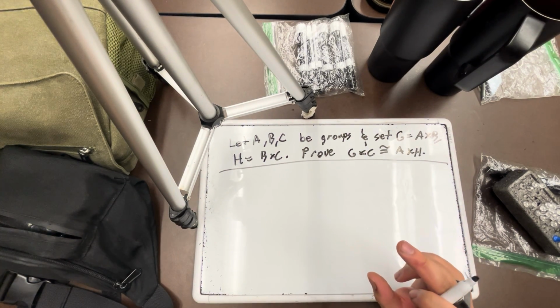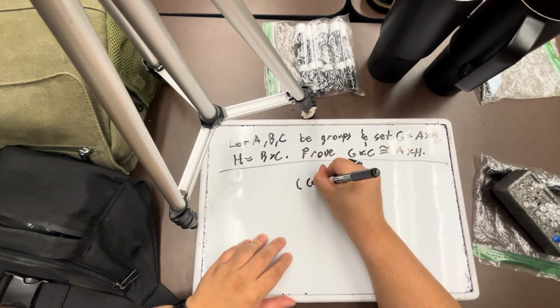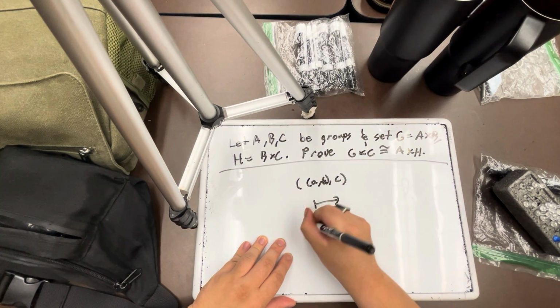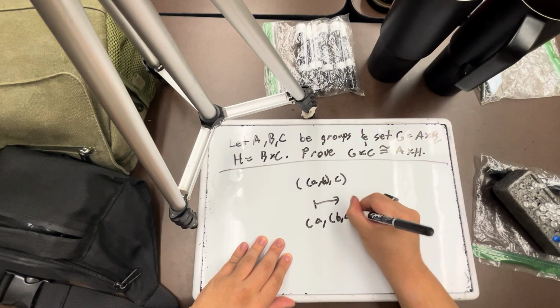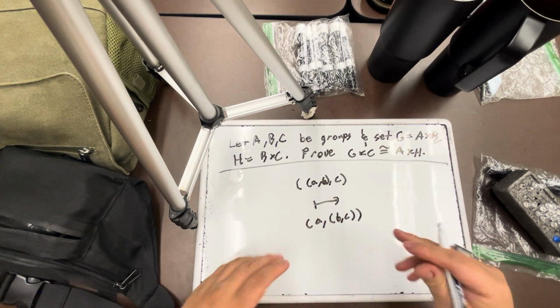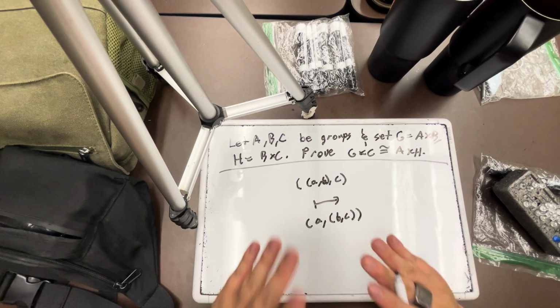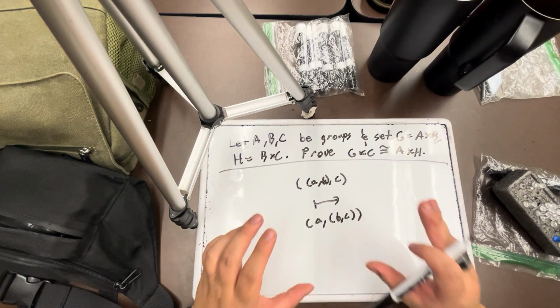The map ((a, b), c) to (a, (b, c)). That's the obvious sort of, well, it's not supremely obvious, but it is the coordinate shuffle we're looking for.